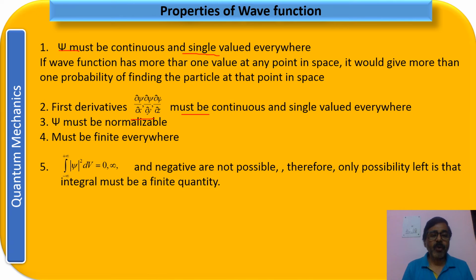Because if it is 0, it means the particle is not there at all. Naturally it cannot be infinity, and it cannot be negative, if it is within the wave packet. Therefore the only possibility left is that its value must be a finite quantity. That is, mod of psi whole square dV must be a finite number, right?